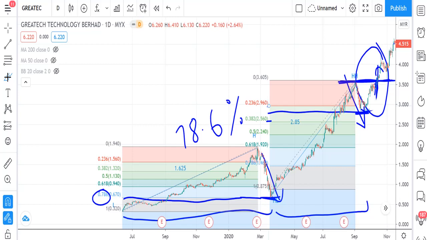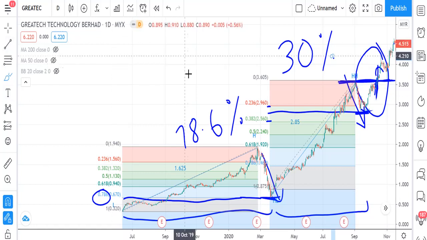So we can roughly estimate that it retraces about 30%. Let me put it at 30. It's very difficult to be exact, so this is just my rough estimate, because it's somewhere between 23.6 and 38.2.